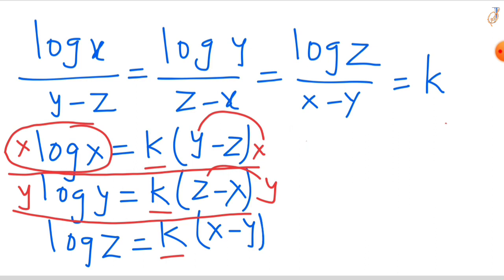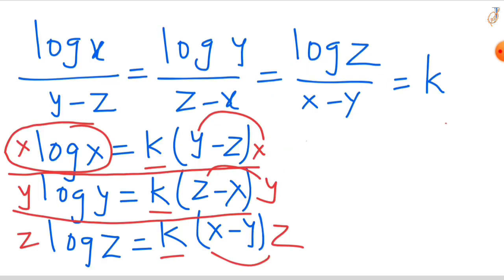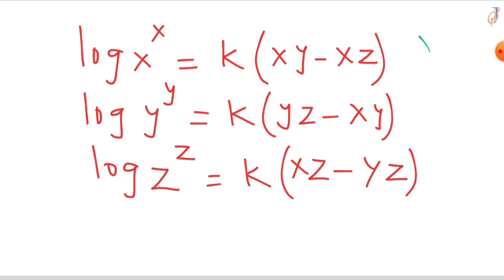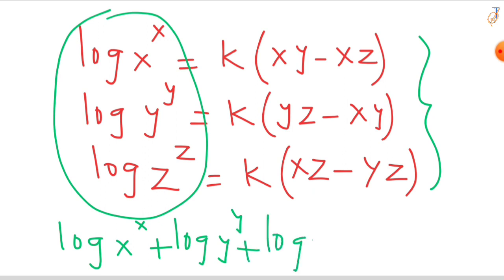Similarly, the last one, if you multiply both sides by z, then you will get log z power z, that is equal to k times xz minus yz. If you add all these terms, then the left hand side becomes log x power x plus log y power y plus log z power z.